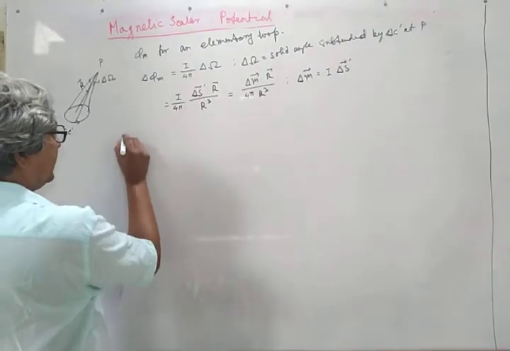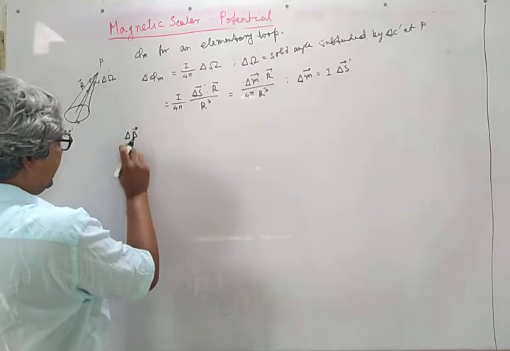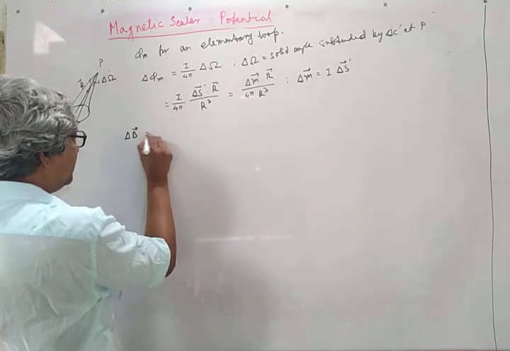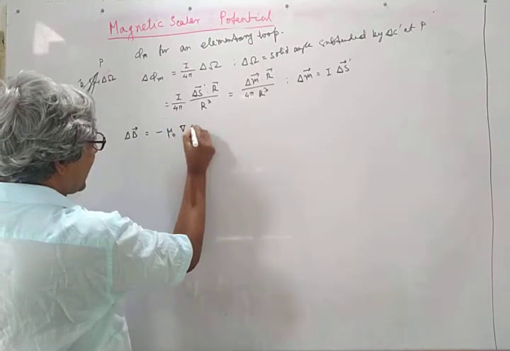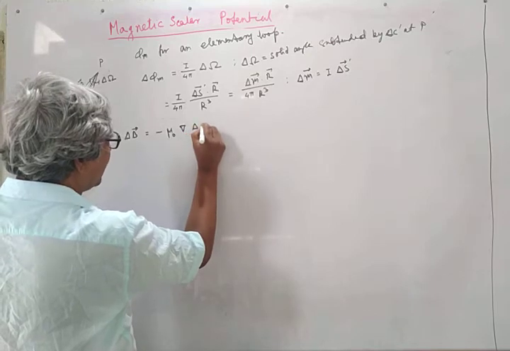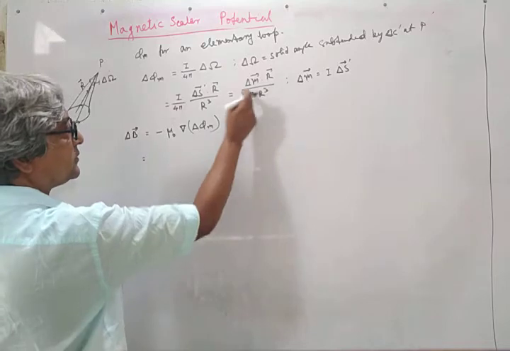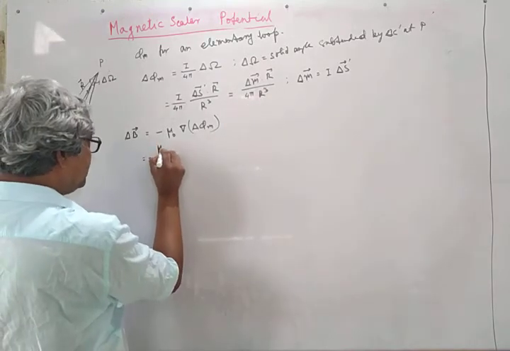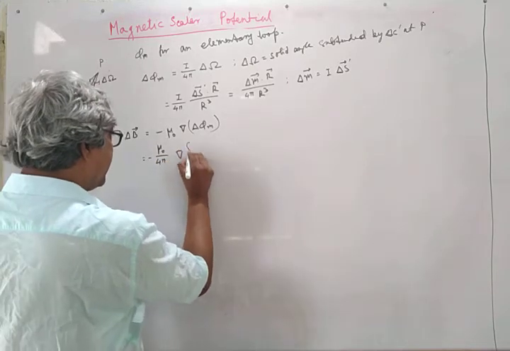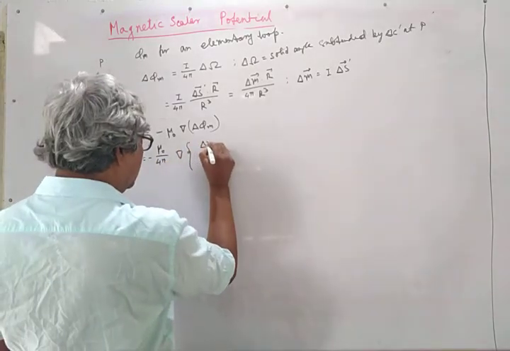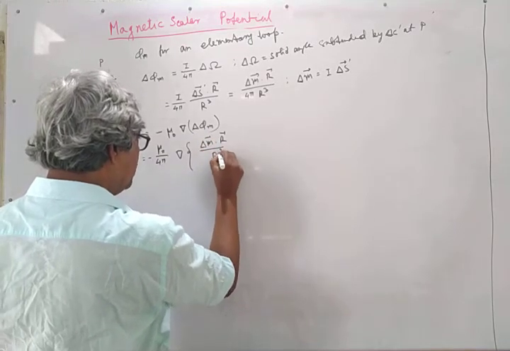So let me calculate the B for this. Again delta, because it is applicable for an elementary loop. This is minus mu 0 times grad of delta phi m. So this is minus mu 0 upon 4 pi, where the gradient is operating on delta m dot r upon r cube.